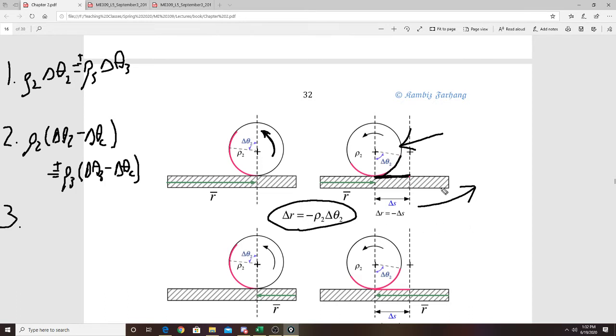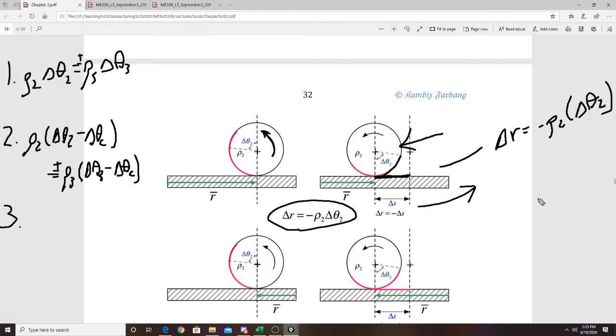So for this top equation, delta r is equal to negative rho 2 times delta theta 2. These ones are pretty simple and straightforward. It's the change in the vector r, which could be r2, whatever the number is for the vector, but the change in vector r is equally related to the radius of the circle times the change of angle.